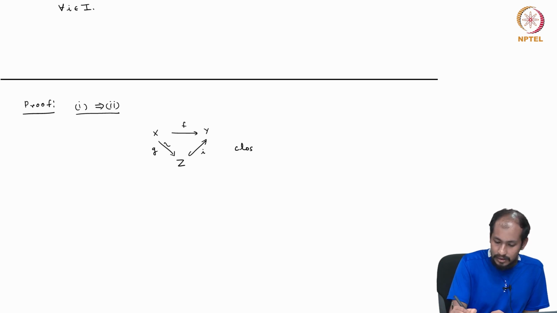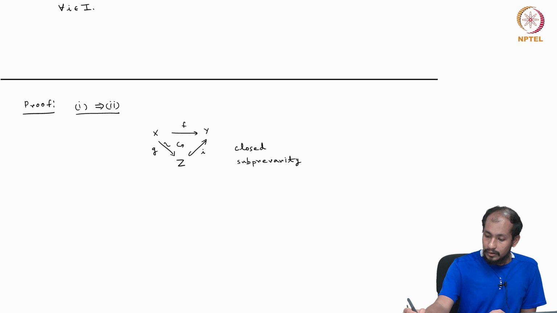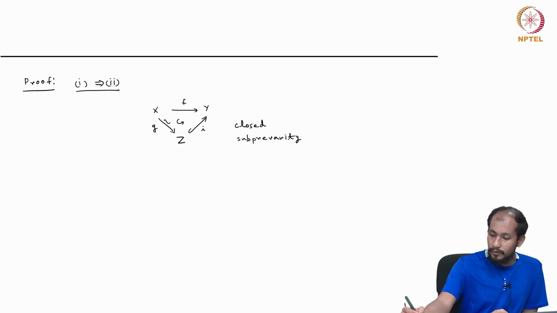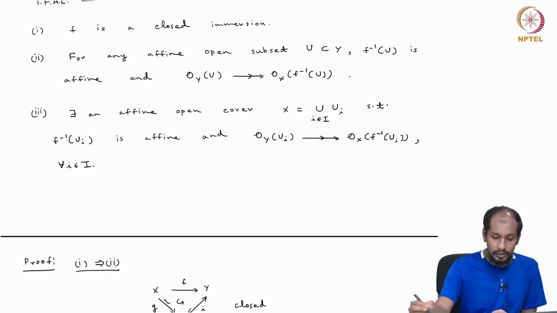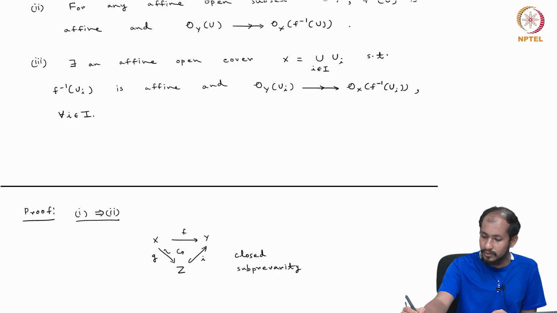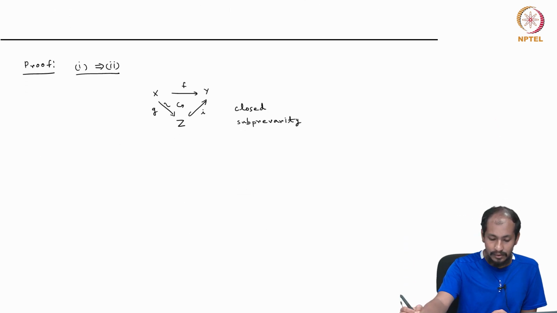This is closed sub-pre-variety. So for proving part 2 we have to show that for any affine open subset U, f inverse U is affine, and O_Y(U) to O_X(f inverse U), this is surjective.